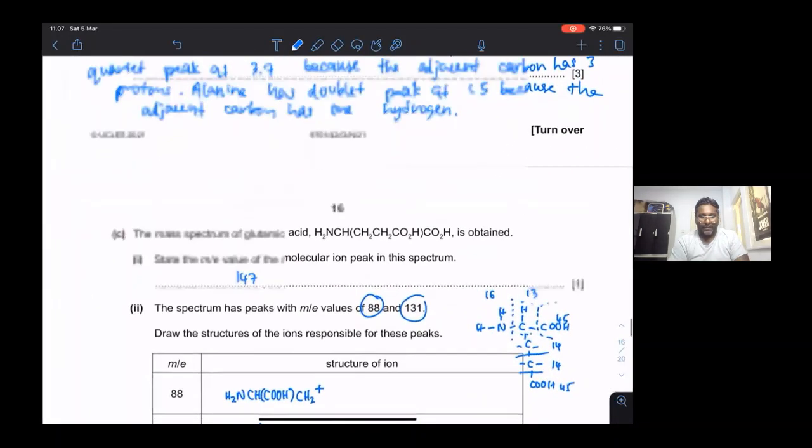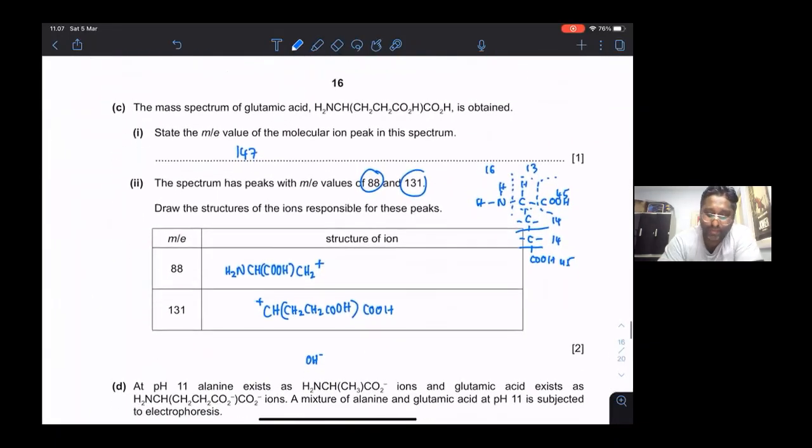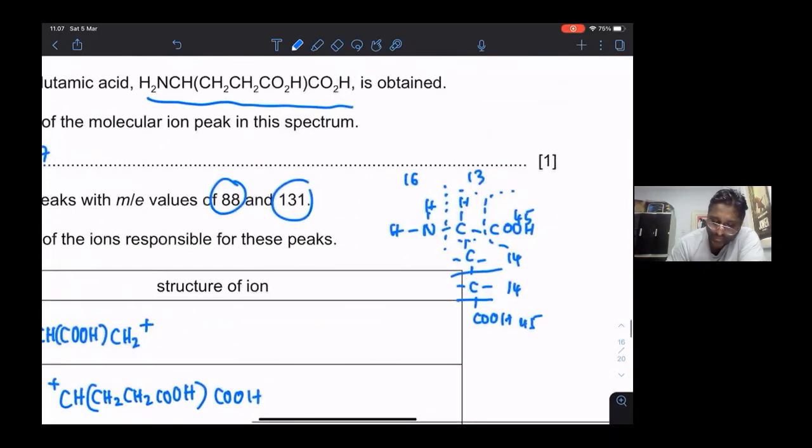Now the next question is the mass spectrum of glutamic acid is obtained. State the m/e value for the molecular ion peak. So you just need to join all of them together. If I calculate here, this is 16 for NH2, 13 for CH, 45 for COOH, then CH2 is 14, 14, and then COOH 45.